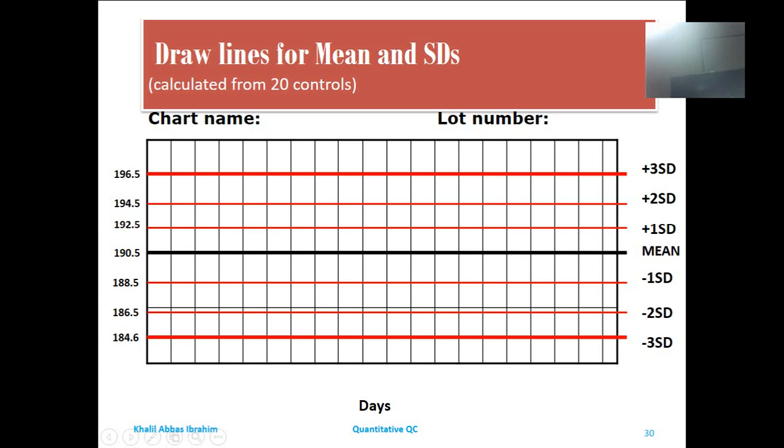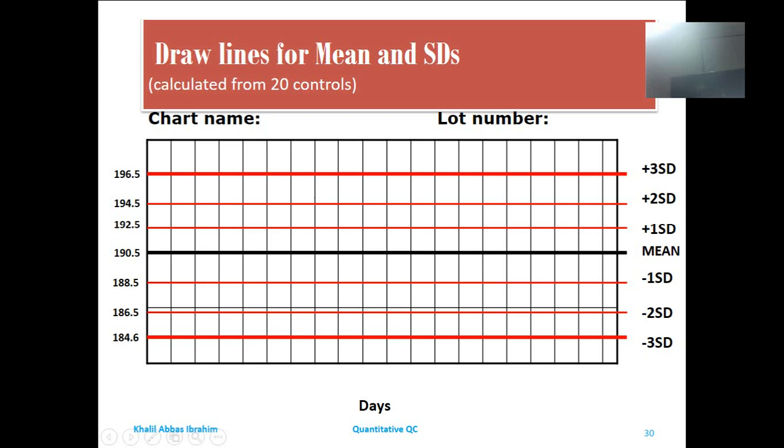Then in the third or fourth time you add double standard deviation to the mean, then you obtain that value which is plus 2 standard deviation, and then you obtain minus 2 standard deviation, and then plus 3 standard deviation, and finally minus 3 standard deviation.